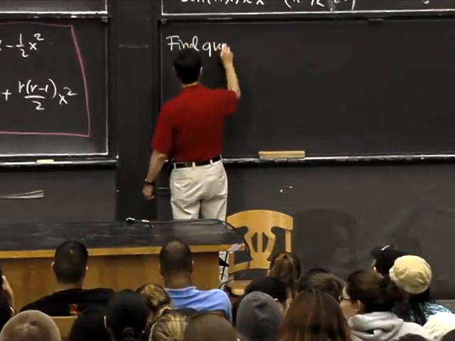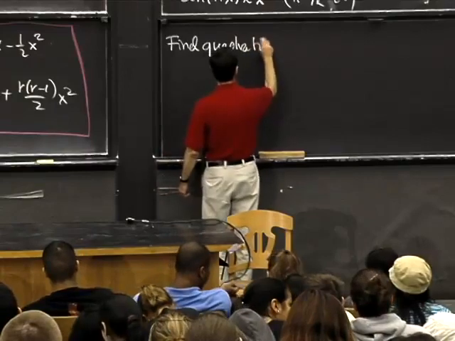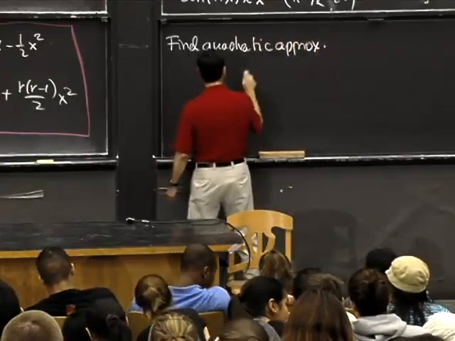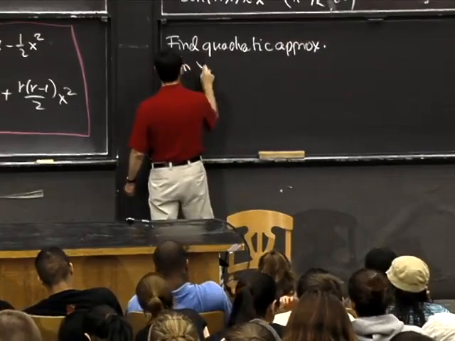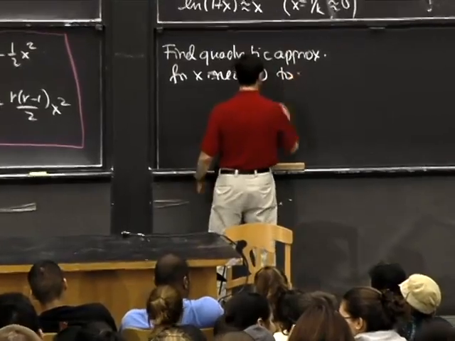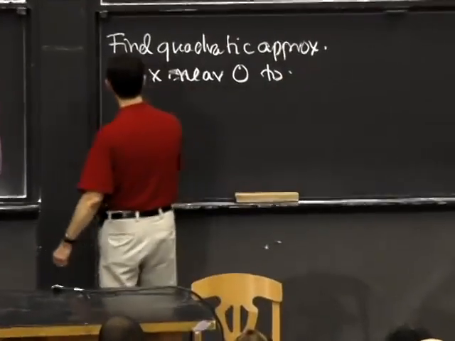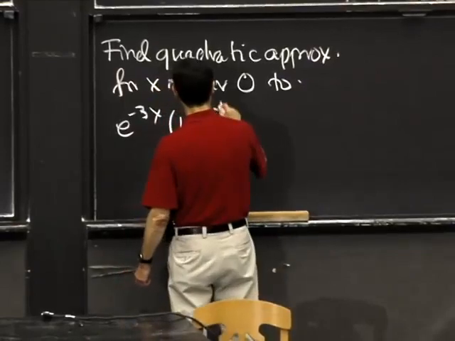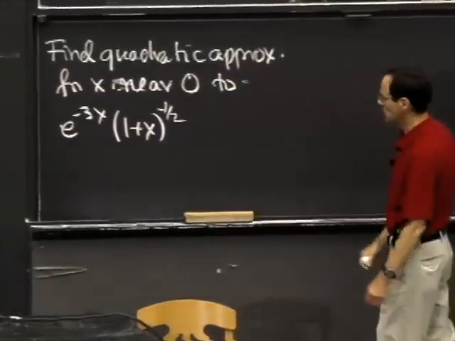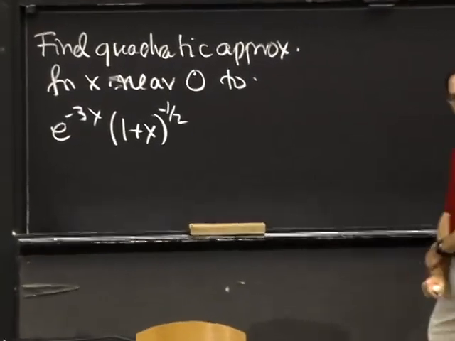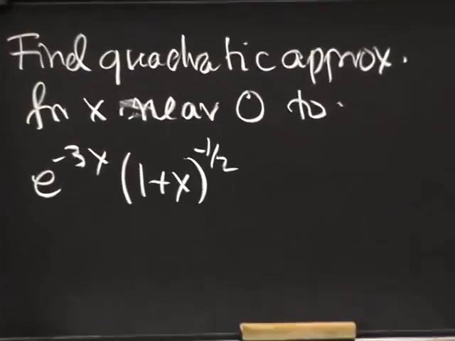So we're going to find the quadratic approximation for x near 0 to what? Well, this is the same function that we used in the last lecture, I think. e to the minus 3x, times 1 plus x to the minus a half.